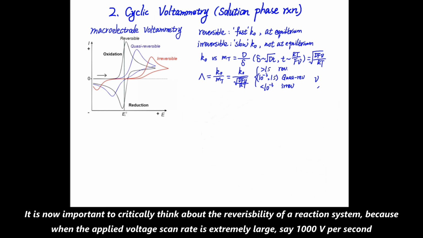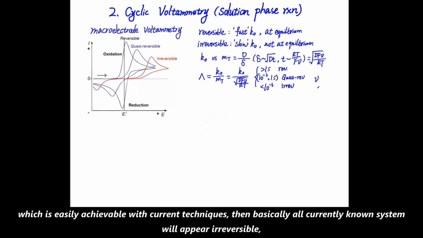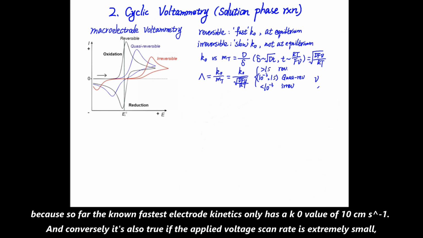It is now important to critically think about the reversibility of the reaction system, because when the applied voltage scan rate is extremely large, say 1000 volts per second, which is easily achievable with current techniques, then basically all currently known systems will appear irreversible, because so far the fastest known electrode kinetics only has a k0 value of 10 cm per second.